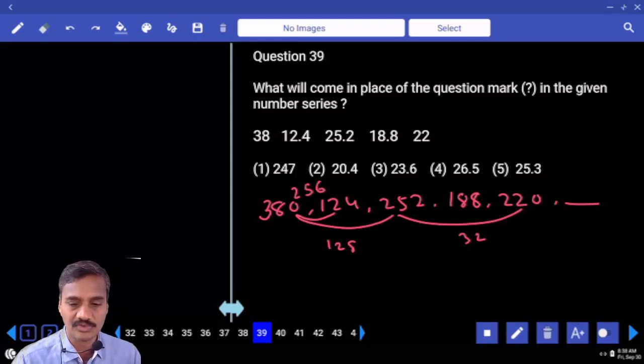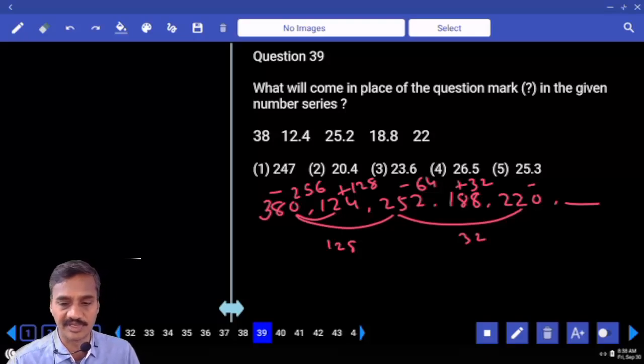And next one, 124 and 252, is 128. 256, 128, next it should be 64, and next one 32. And first one it is minus, next it is plus, next minus, plus, next it is minus.